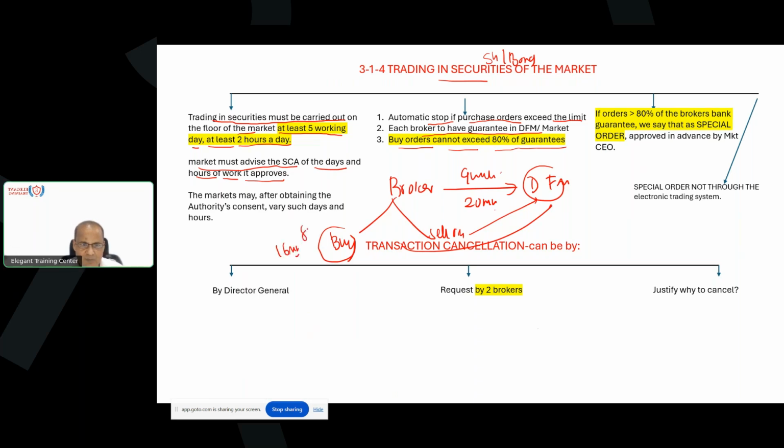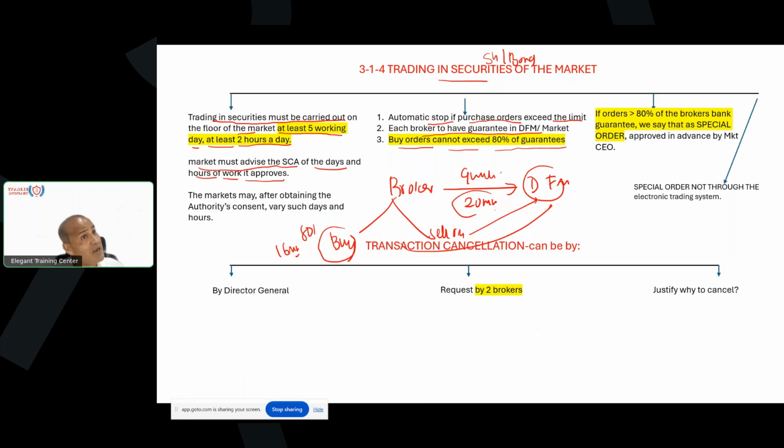That's your 80%. The guarantee how much? 20 million. At any point of time, the buy orders cannot exceed 80%. You may be having selling orders 1 billion. That's not counted. Selling order may not be executed, right? That's why buy orders, the value of orders, not the transactions, the orders value should not exceed 80% of the guarantee.